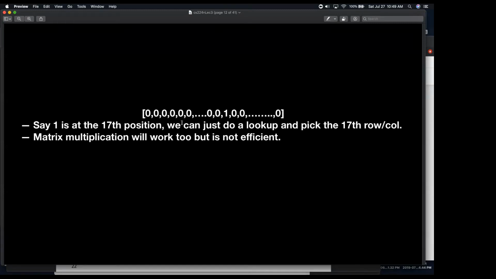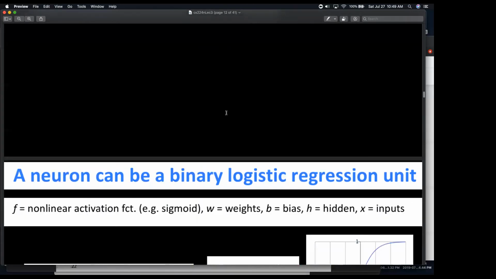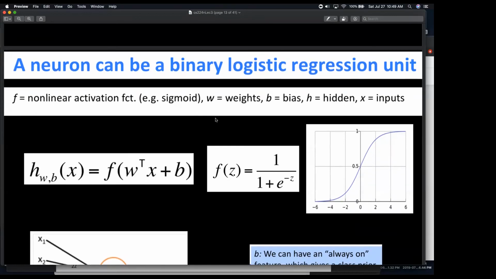You can actually take that matrix and multiply it with this vector. But that is mathematically and theoretically the same thing. It will work, but it's super inefficient. So something that is always mentioned with embedding layers is that you can just directly pick out the 17th row or the 17th column, depending on your situation, and that makes things easier.